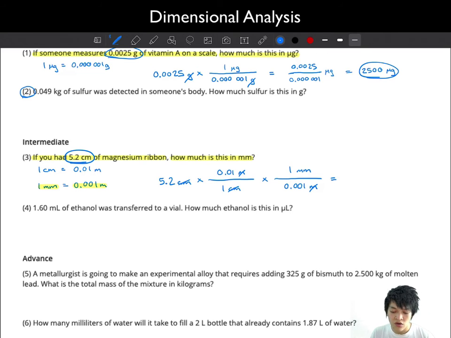Okay, so now we're just going to multiply out all the fractions here, and we've done that before, right? Just not with these units. So what goes on the top? On the top, we're going to have 5.2 times 0.01 times 1. On the top, I'm getting 0.052.